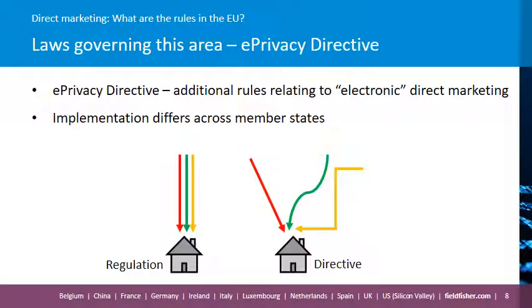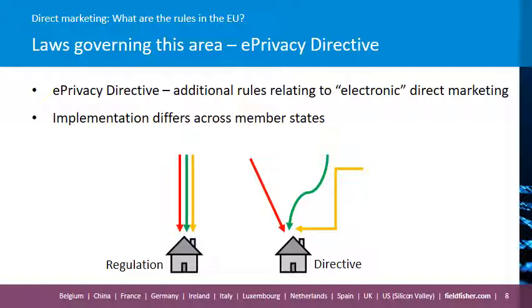So as well as the GDPR, you'll also need to comply with the provisions of the ePrivacy Directive in respect of any electronic direct marketing. So we'll come on to explain what's meant by and what's captured by this concept of electronic direct marketing in the next slide. But in the meantime, just to give you a bit of context to the kind of differences between a directive and a regulation.